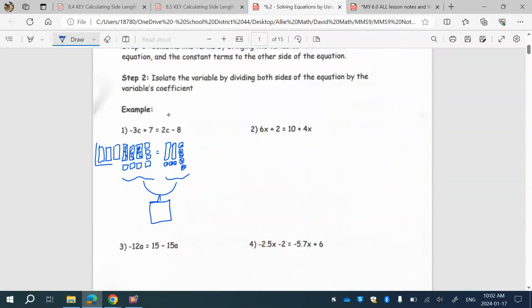I'm going to add 3 to this side, and I'm going to add 3 to this side. So the balance of this thing has not changed. We've added the same amount of weight to each side. So this hasn't affected the balance of our equation.